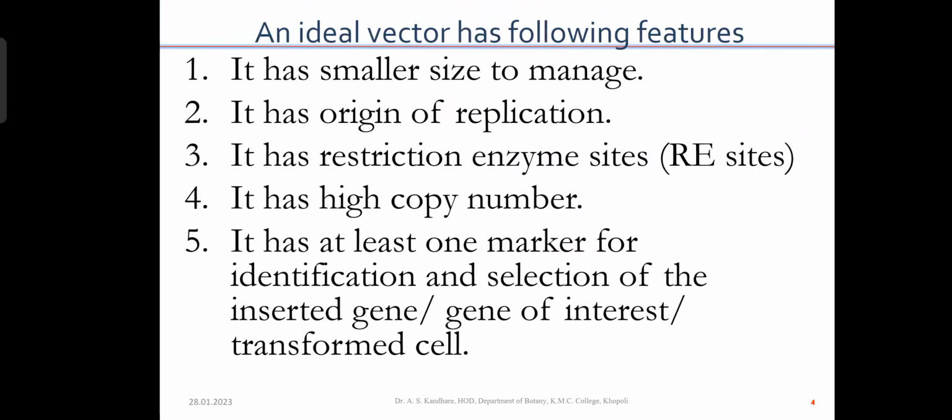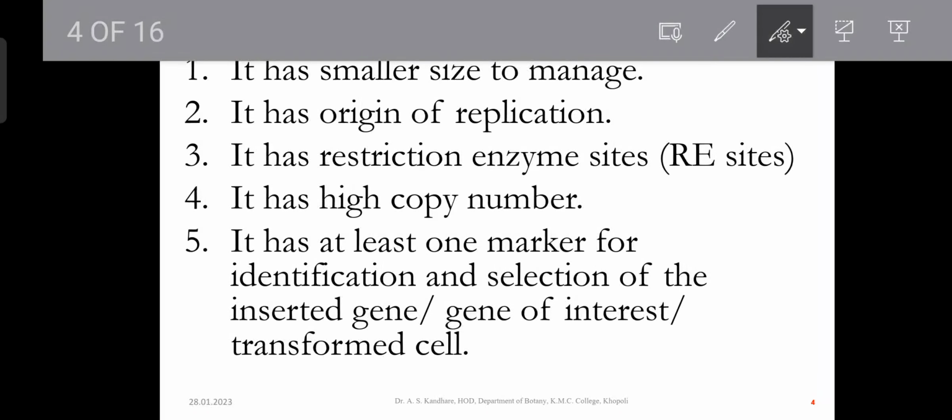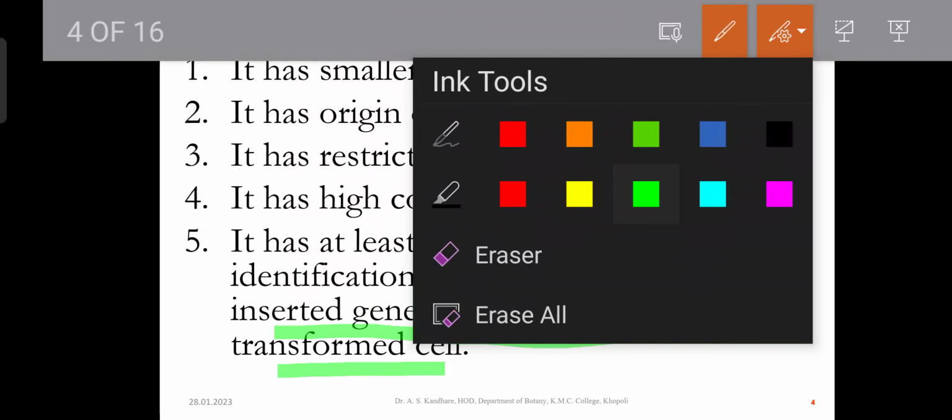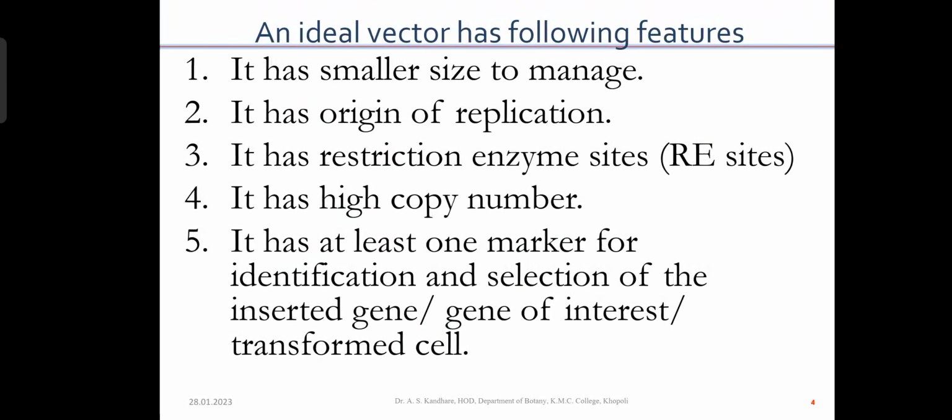Vector should have a marker. तो ये marker जो होता है बहुत important होता है. तो ये mark करता है कि हमारा जीन ऑफ इंटरेस्ट और इंसर्टेड जीन किस ट्रांसफॉर्म्ड सेल में है. बैक्टीरियल सेल दैट इज कैरिंग द वेक्टर एंड विच बैक्टीरिया इज ट्रांसफॉर्म्ड. तो ये फाइंड आउट करने के लिए हमारे पास ये मार्कर होना चाहिए.